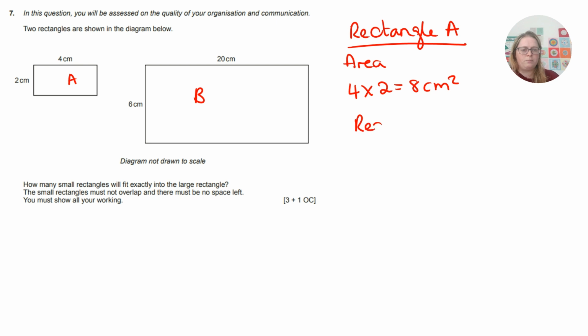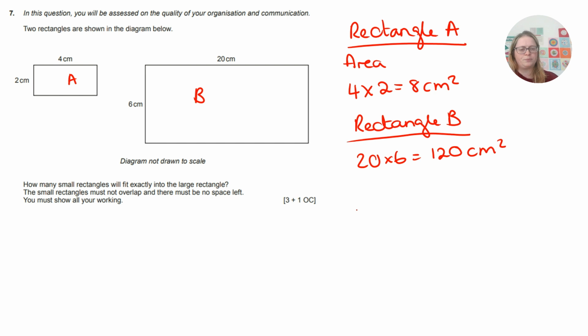Rectangle B, doing the same thing. 20 times 6, and that will give me 2 times 6 is 12, times that by 10, so 120 centimetres squared. Now, if we're looking at how many of these small rectangles fit into the large rectangle, we need to divide, okay? Because imagine we're finding how many of them are going in.